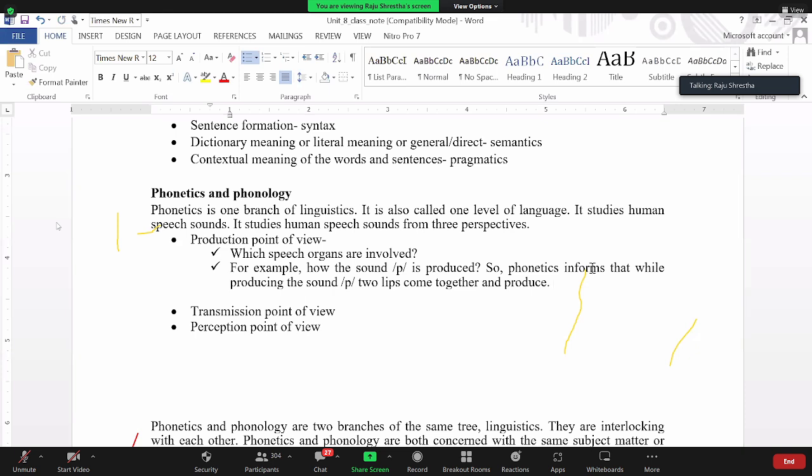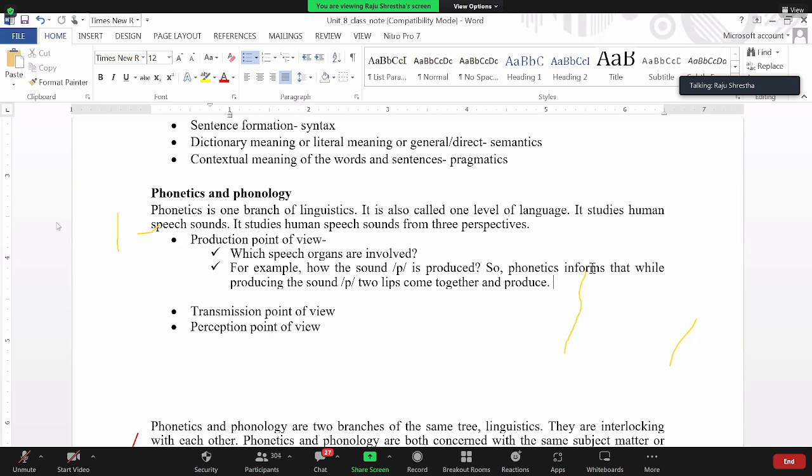Phonetics looks at which sound is produced how, how many sounds there are, which speech organs and articulators are involved, which are the active articulators and which are the passive articulators.